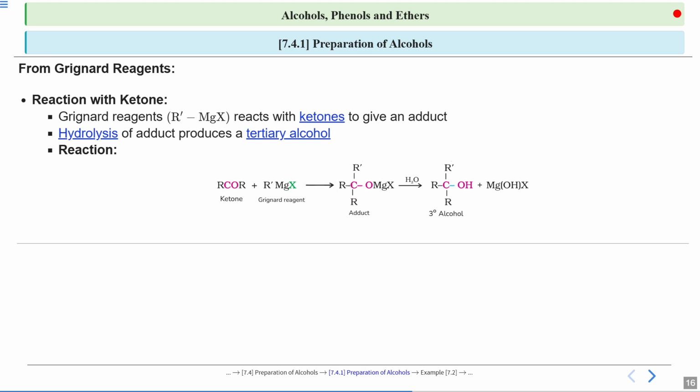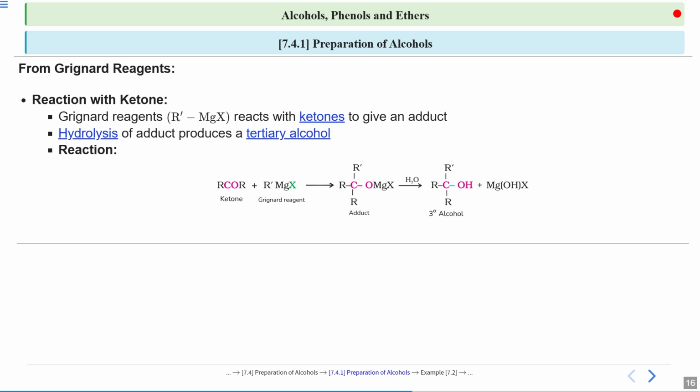If you see the reaction, we have ketone RC double bond OR plus R prime MgX, which is a Grignard reagent. They react with each other and form an adduct RCR prime ROMgX. And when this adduct undergoes the hydrolysis process with the water molecule, you will get a tertiary alcohol, because the carbon attached to OH is attached to three other carbons.